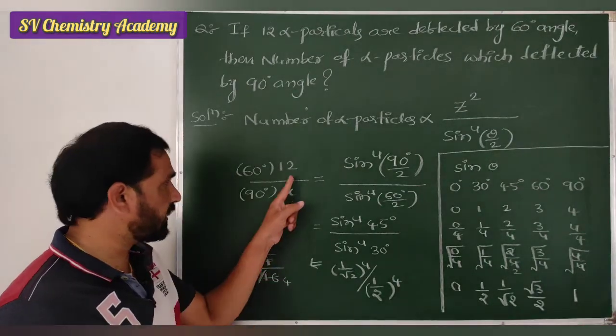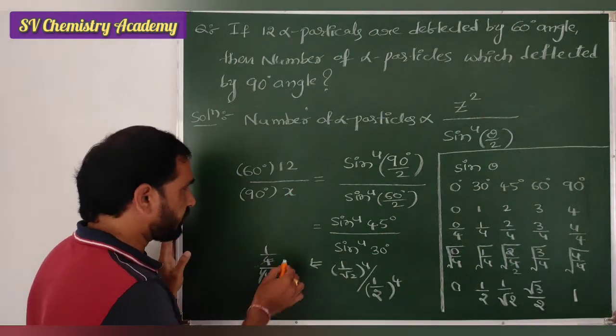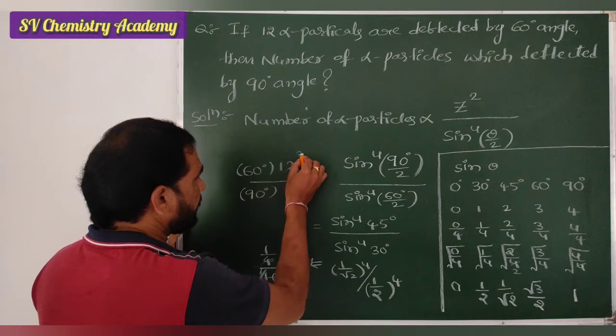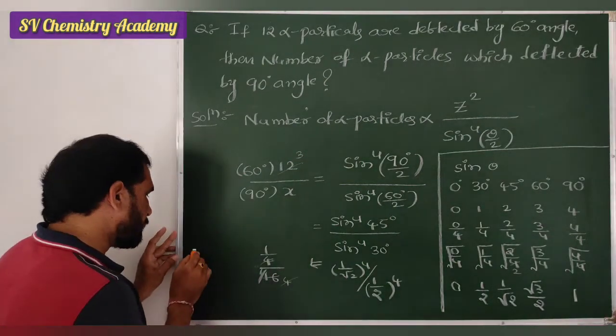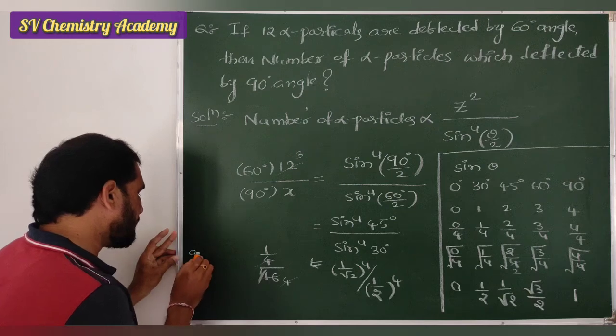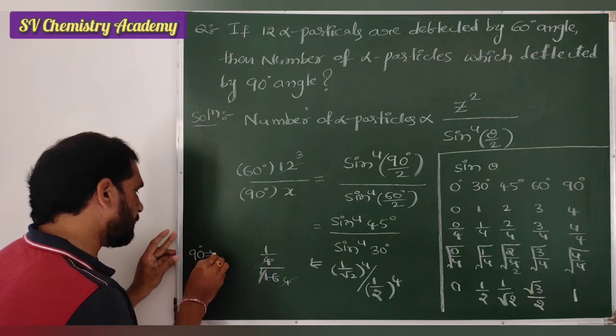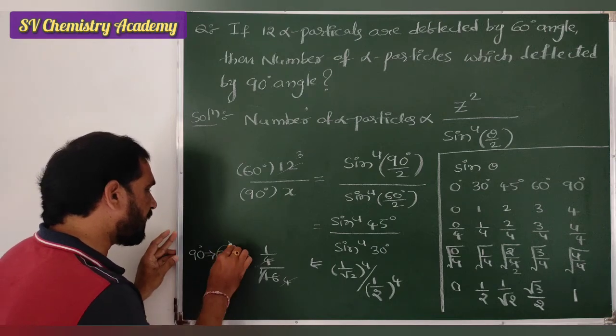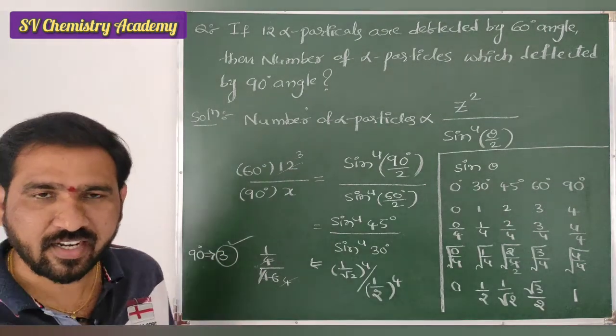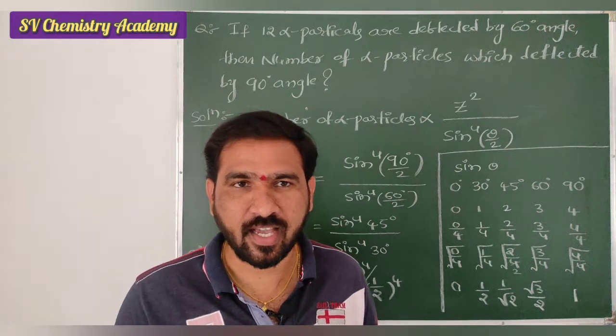Here 4 is there, here 12 is there. Therefore 12 divided by 4 will be 3. Is it clear, beta? Therefore for 90 degrees the value is 3. So these are the 3 alpha particles which are deflected by a 90 degrees angle.